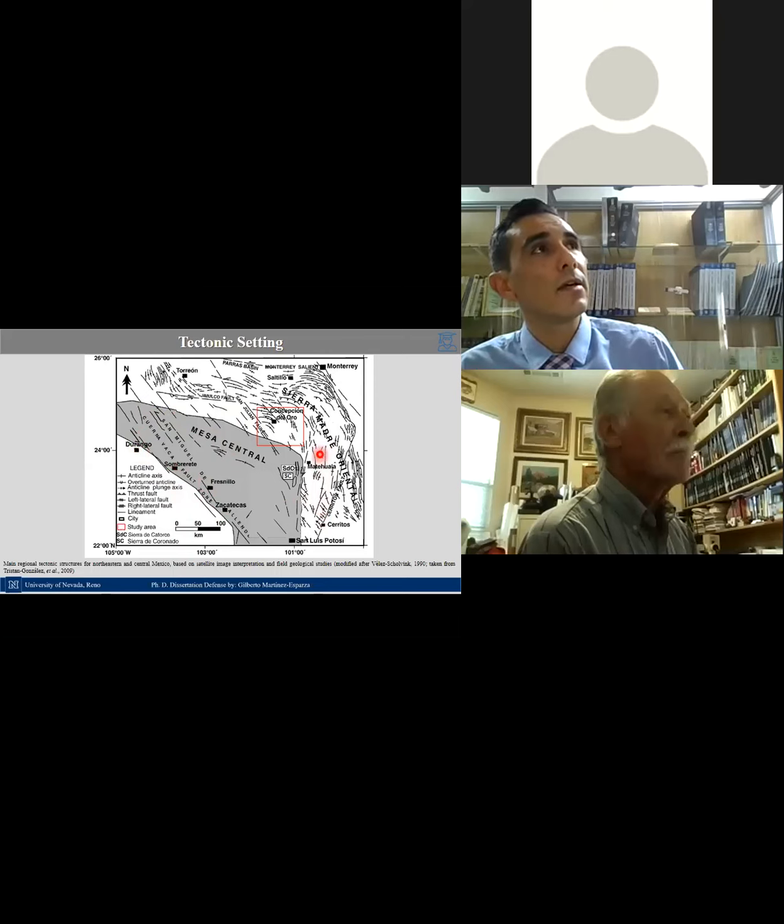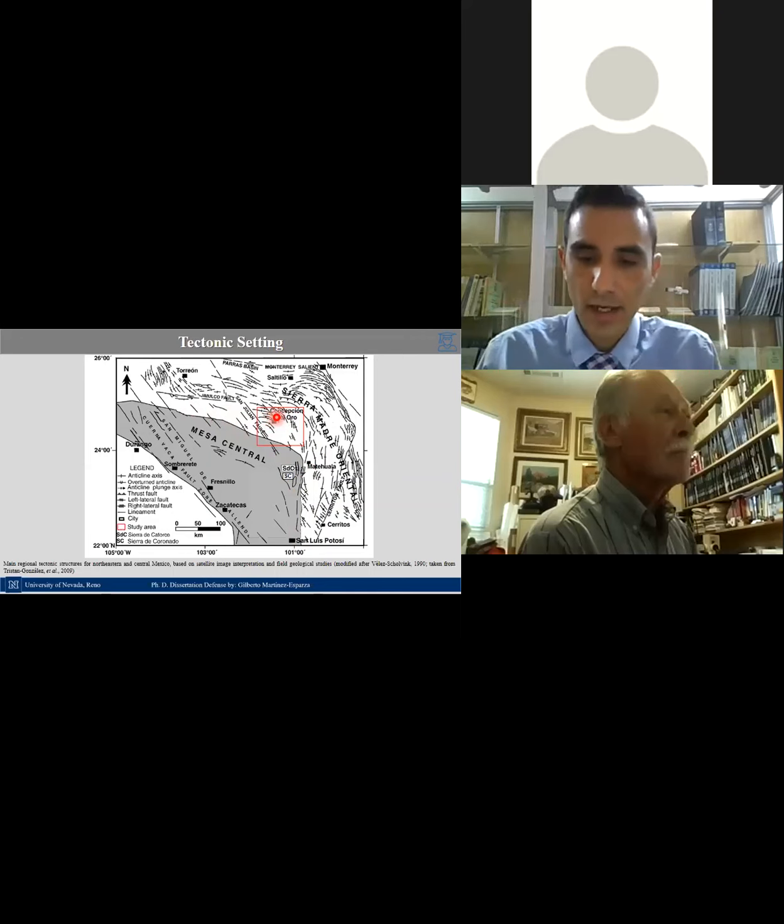Whereas in the San Luis Tepehuanes fault system, we have Cerro de San Pedro, Sierra de 14, La Paz, and then we already know that here in the northern border of the Mesa Central is located Camino Rojo, and further northeast we have Concepción del Oro and the localities that I have in this study.